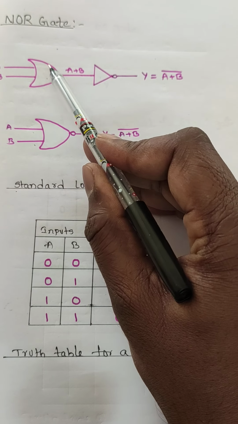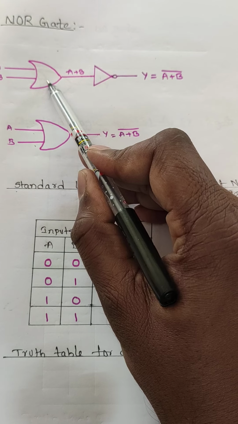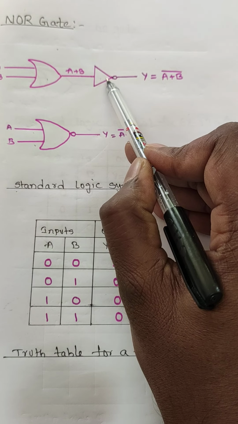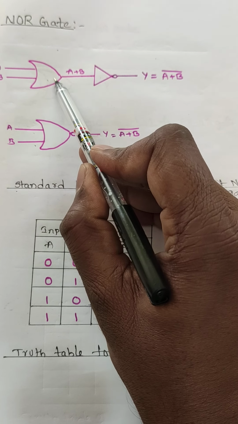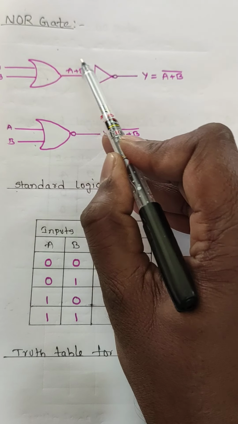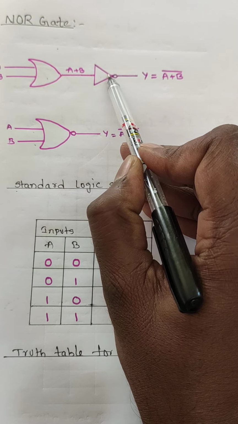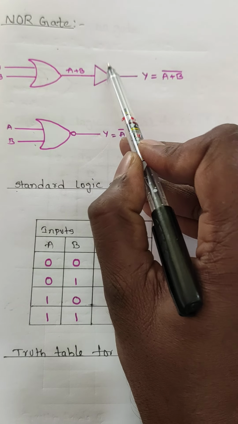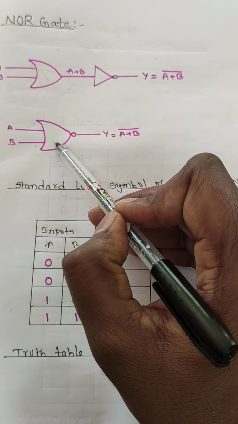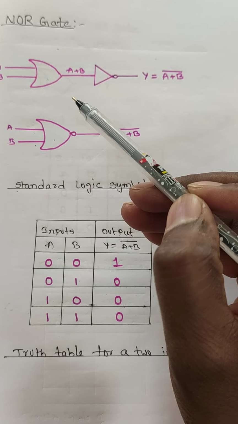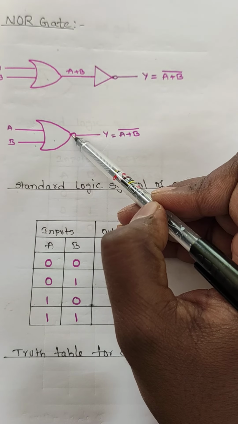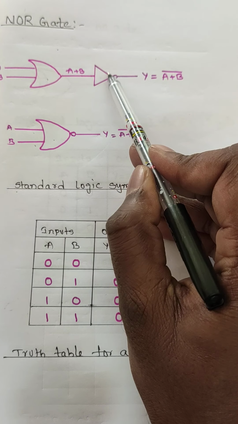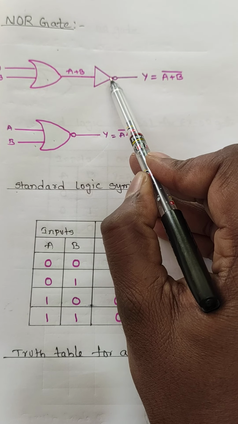So the NOR gate can be constructed by using an OR gate plus a NOT gate, nothing but the output of the OR gate is given as an input to the NOT gate. Then the NOR gate will be formed. The NOR gate is nothing but an OR gate followed by a NOT gate.